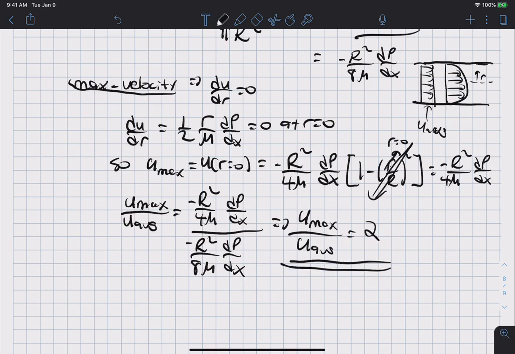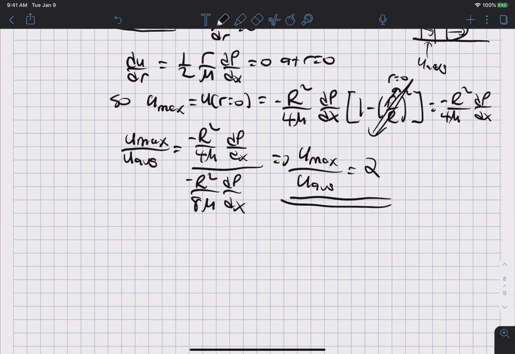Okay, and so that means that the value of the velocity at the center line here, Umax, is exactly twice the average velocity. Okay, and I also showed that for a parabolic profile far earlier in the class.